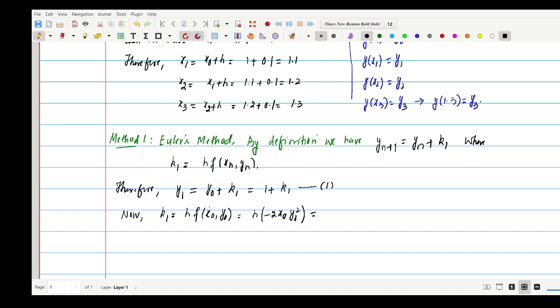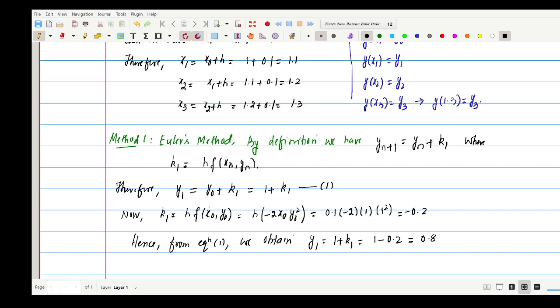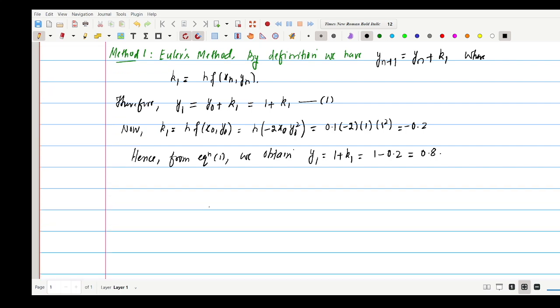Now let's substitute the values for all the variables. h is equal to 0.1, then multiply minus 2, multiply x0, that is 1, multiply 1 square, so this finally becomes minus 0.2, since 2 into 0.1 is 0.2. So therefore, from equation 1, we obtain y1 is equal to 1 plus k1, which is now 1 minus 0.2, so this is equal to 0.8. So that is our first iteration.